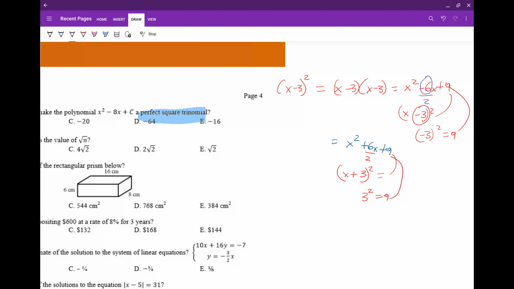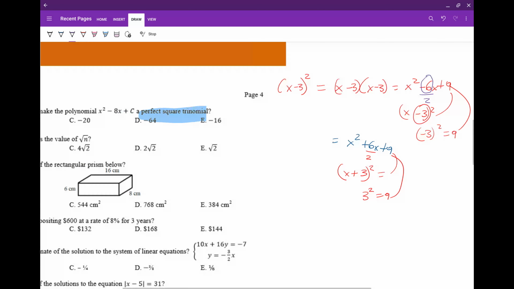So in the same way, it's asking us x squared minus 8x plus c. You divide your b term by 2, and you get -4. Stick an x in front of it, you get x minus 4 whole squared equals this trinomial. Now it's asking to find the c term. You could either FOIL it out, or because you know that whatever that is, if you square it, you get c, as we saw here and then here.